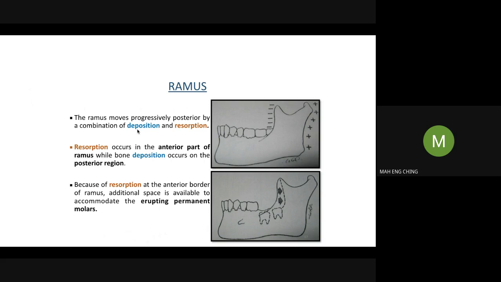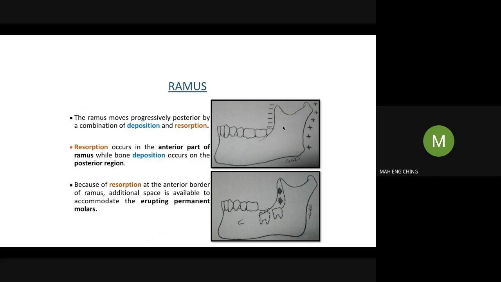Ramus, the ramus moves progressively posterior by the combination of deposition and resorption. At the same time, some must be resorption, then some must be deposition. So it maintains the same dimension. So when one resorbs, the other will become deposition. So when this resorbs, it gives you more space for the third molar to come out. So resorption occurs on the anterior part of the ramus, while bone deposition occurs in the posterior region.